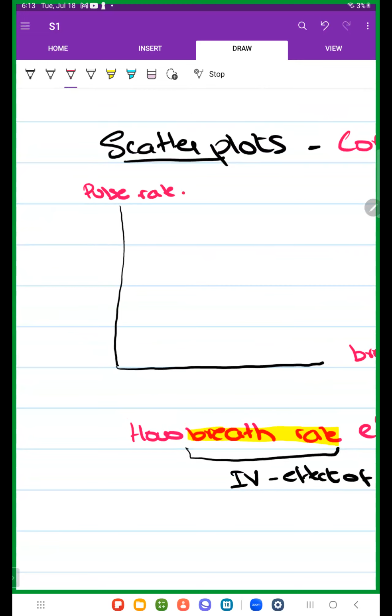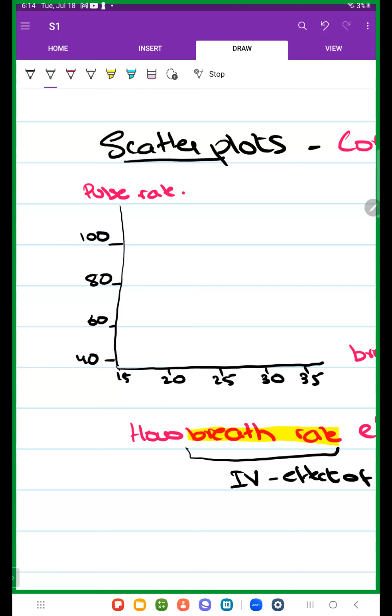For example, for breath rate you have 15, 20, 25, 30, 35. And for pulse rate, I have 40, 60, 80, and 100.